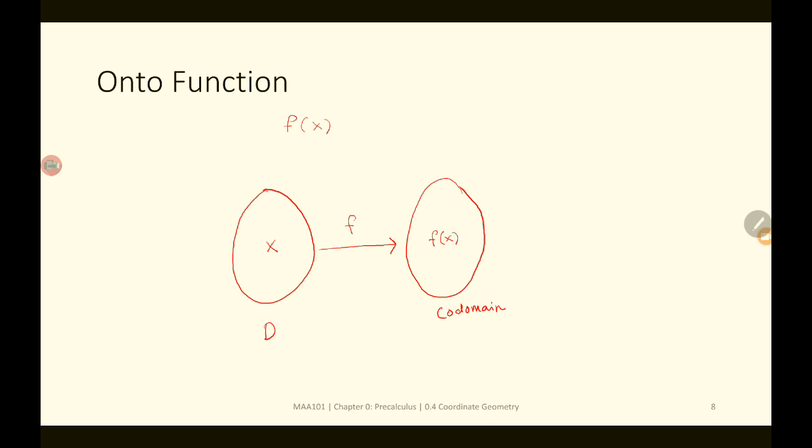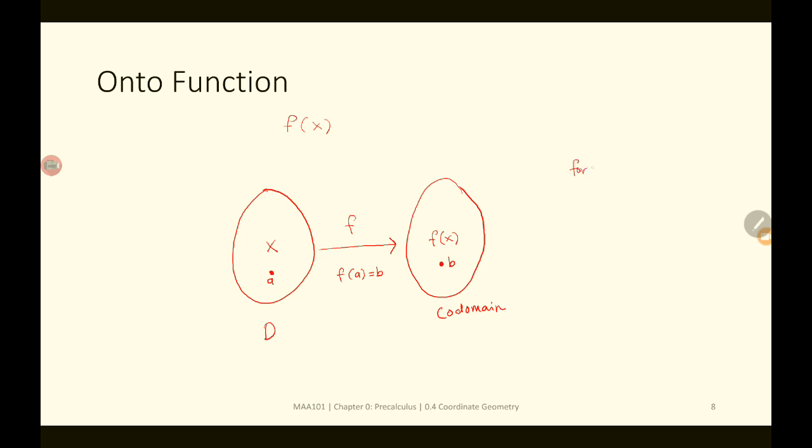An onto function is one where, given any b here, any element in the codomain, you can always find an element a such that f of a equals b.